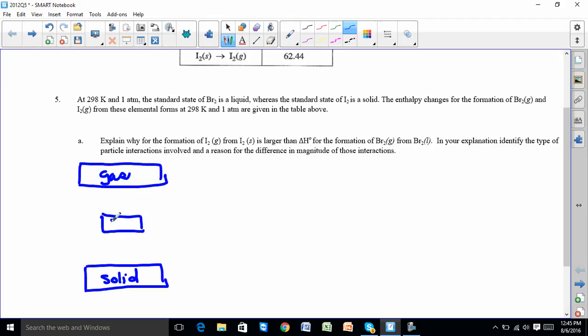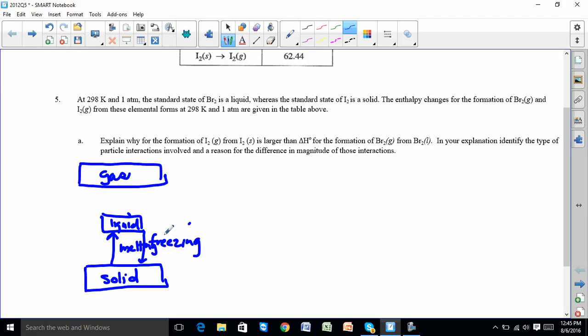When we go from a solid to a liquid, we call that melting, or we talk about the melting point, or the heat of fusion. Well, actually, let me do this first. When you go from liquid to solid, it's freezing. This is really a bad diagram.